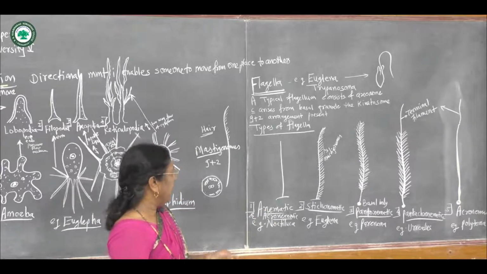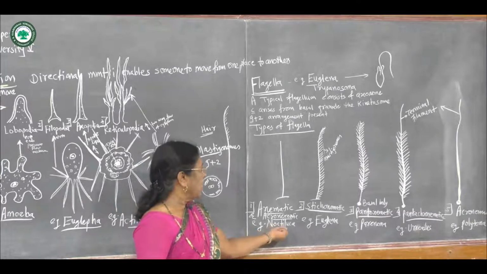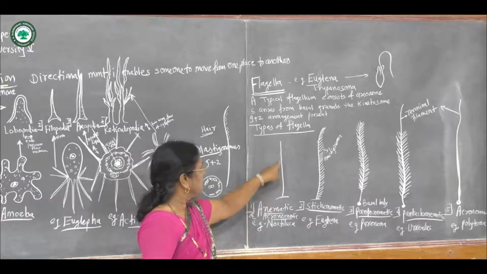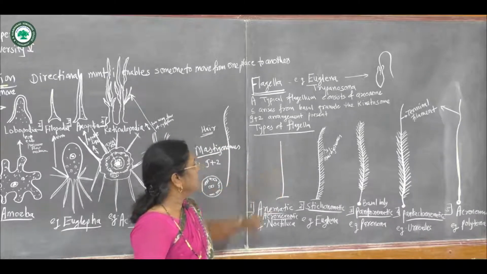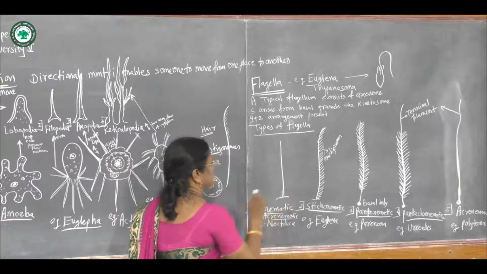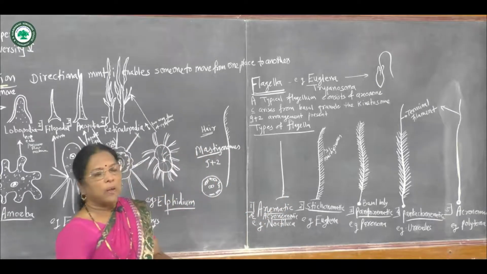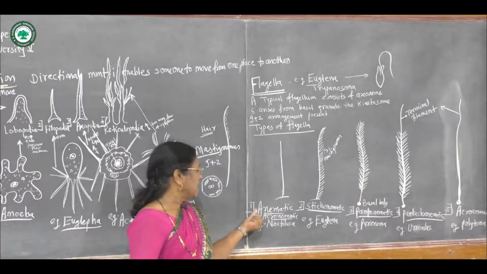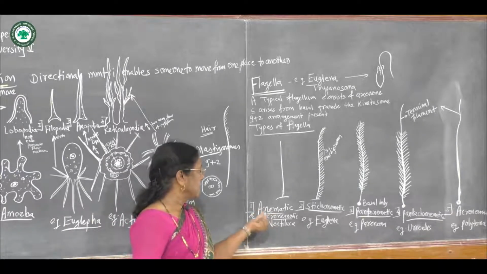First is called anematic or acronematic. Example, Noctiluca. When there are no mastigonemes, a single flagellum is present without mastigonemes, then it is called anematic, where A means absence.